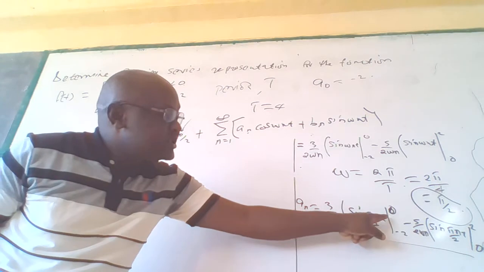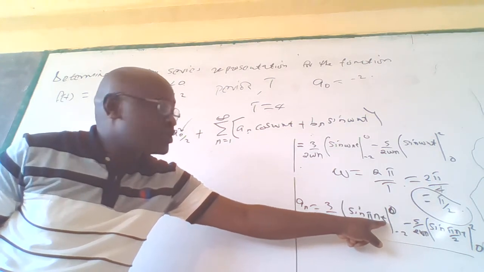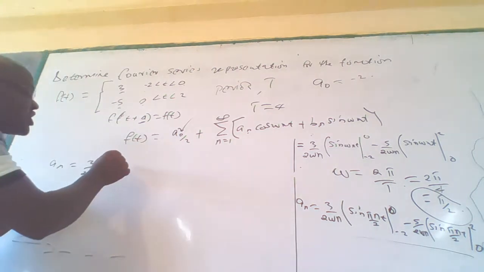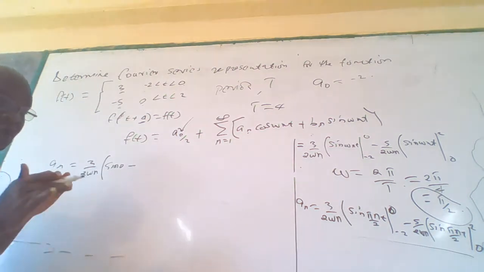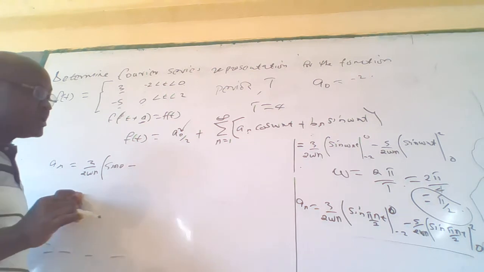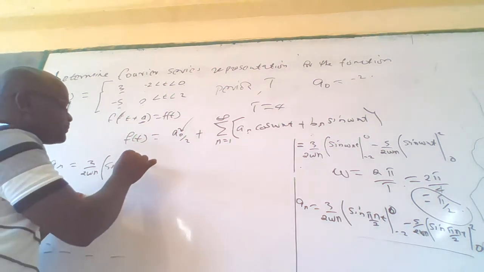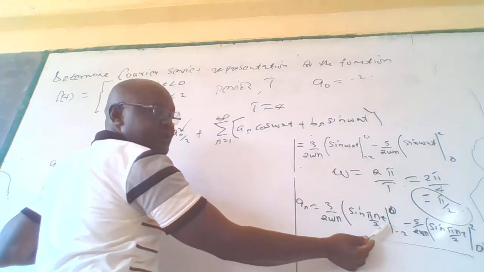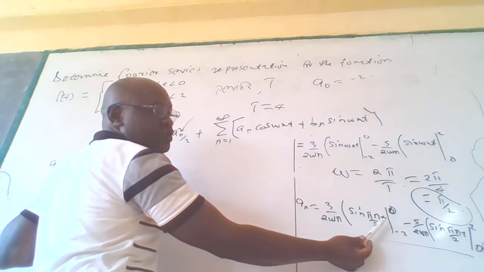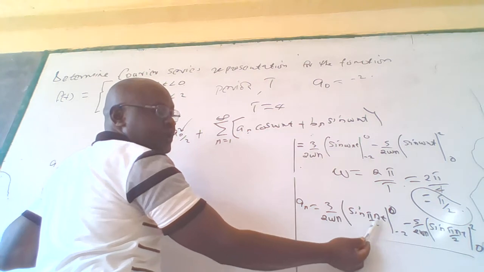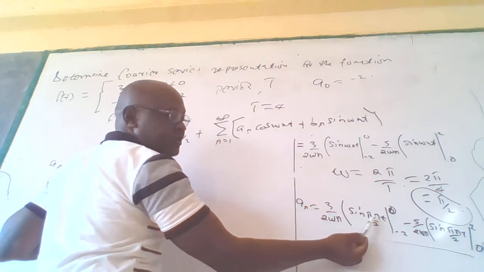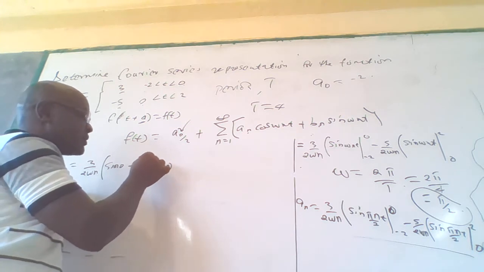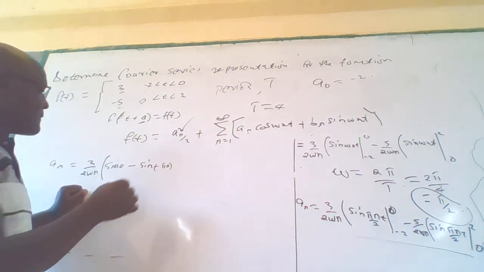When you substitute t with 0, you take 0 times everything here, so it will be sine 0. Then minus, we substitute the lower limit, which is negative 2. So when there is t, we put negative 2. The 2 will cancel with this 2, but it will remain with the negative sign, so you have sine negative pi n.